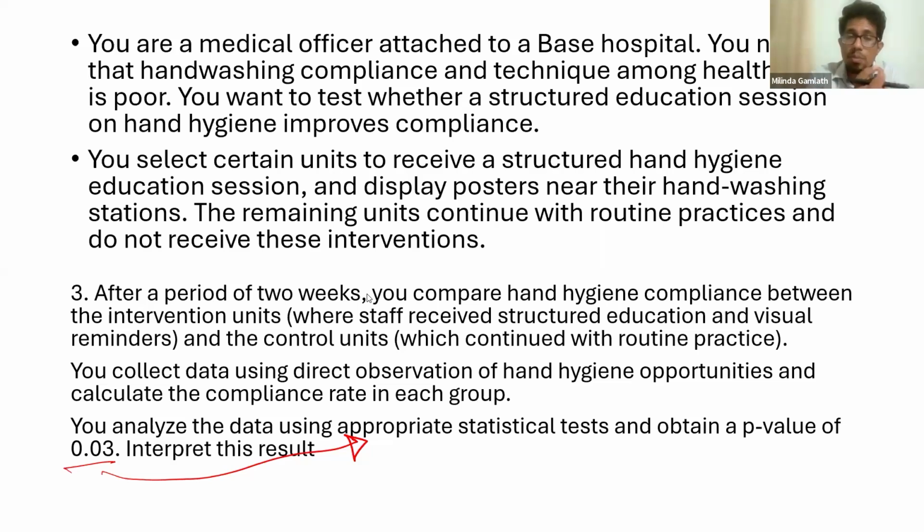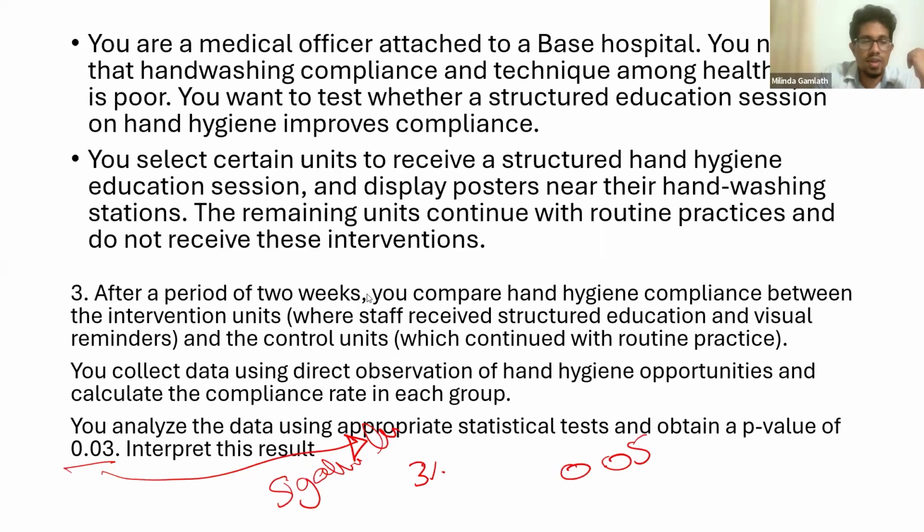The p-value is the probability that this observed result is due to chance, given that the null hypothesis is true. If the null hypothesis is true and there's no association between your intervention and hand washing, what is the probability that this observed result is due to chance? And this says that this chance is around 3%. Usually we have a predetermined significance level or cutoff level, and that is 0.05.